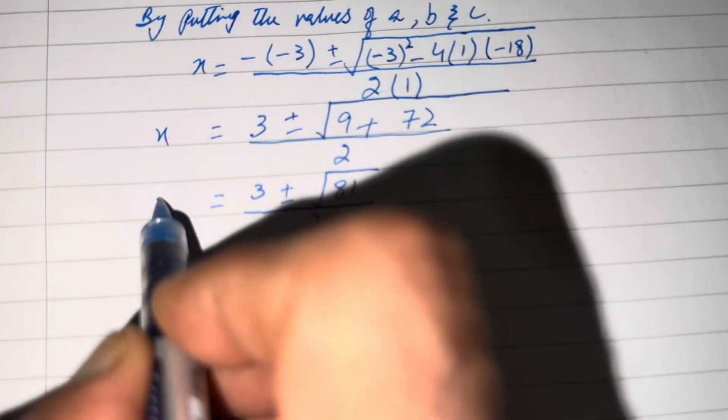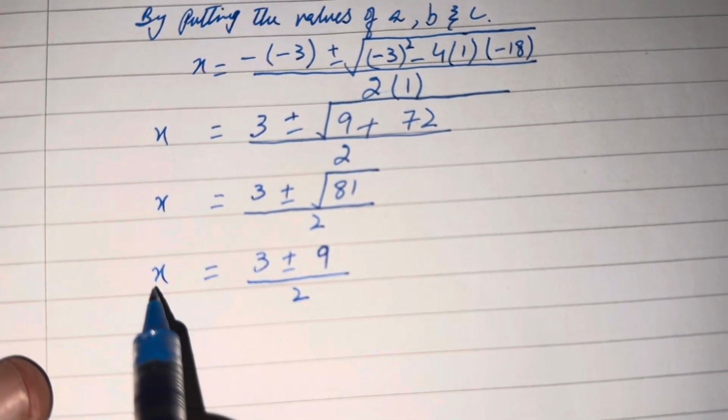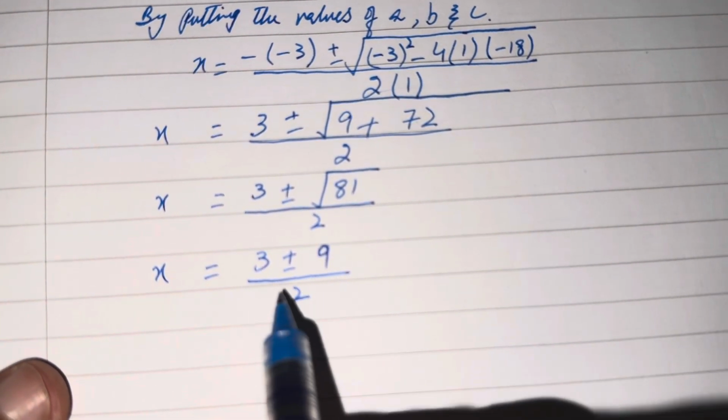So now you can see the equation is like x is equal to 3 plus minus 9 divided by 2.